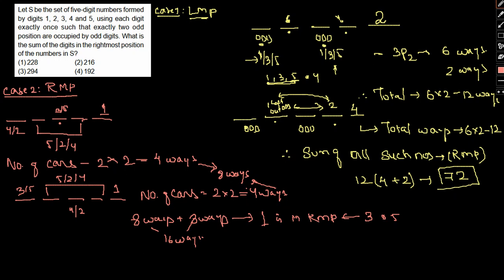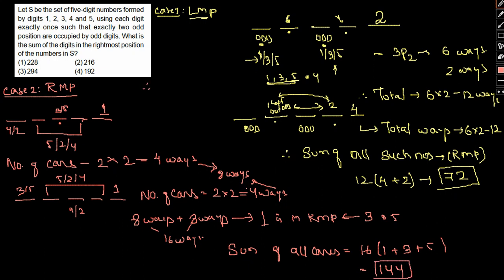Okay, so therefore if we talk about the sum of all cases, it can be given as 16 ways for 1 and for 3 and 5. Okay, so that would actually give us 9 into 16, that is 144. Okay, so in the second condition we have 144.